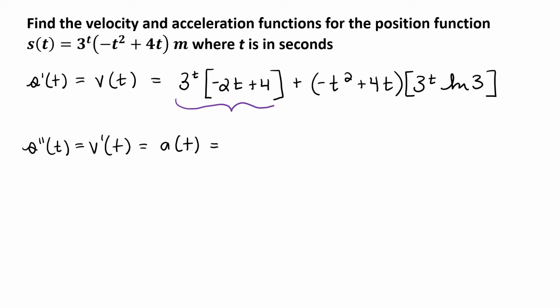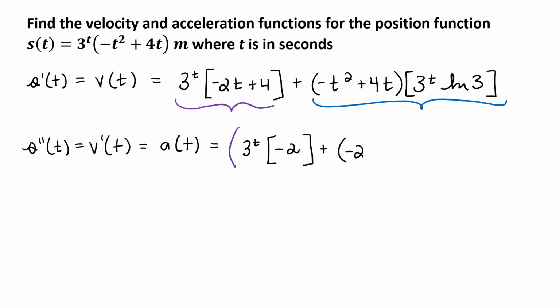So let me just color code that a little bit. So for our first product, we'll have the first function, 3 to the t, times the derivative of the second function, which will be negative 2, plus the second function, negative 2t plus 4, times the derivative of the first function. So that's 3 to the t ln of 3.